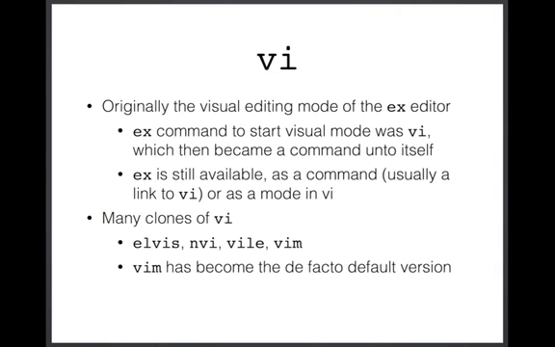The command to start the visual mode once you had X running was VI, for visual, and that proved to be so popular that people never really ran X in line mode. They would start it up and immediately type VI to go into visual mode, and so that just kind of became the command itself. So VI became a command. You could run it from the command line and immediately jump to visual mode.